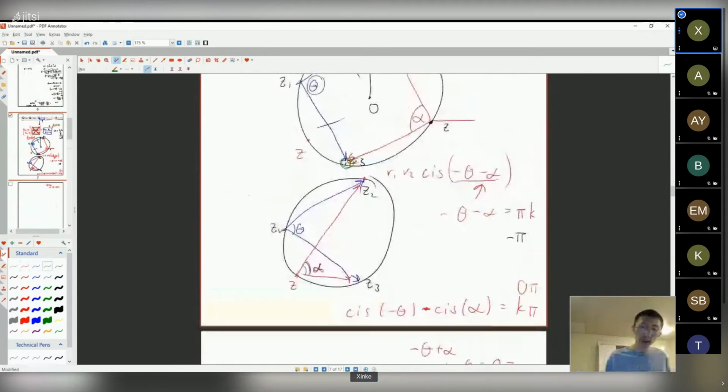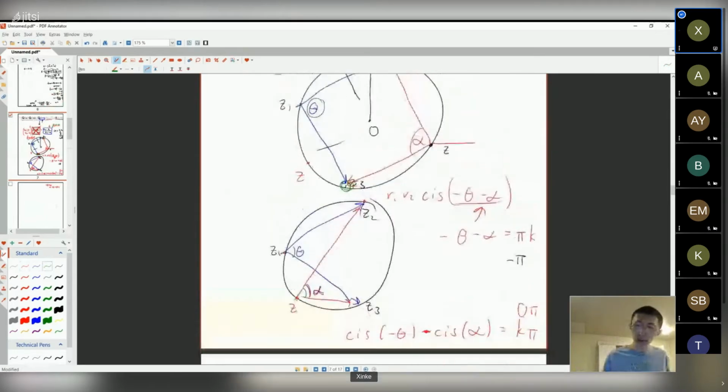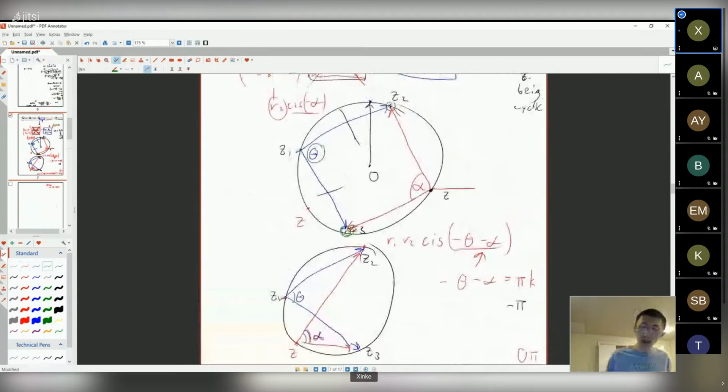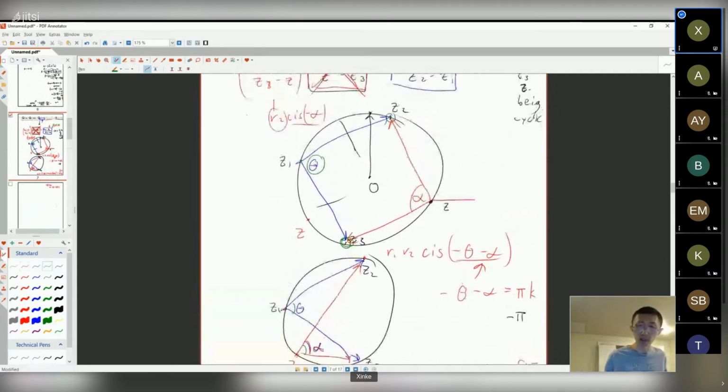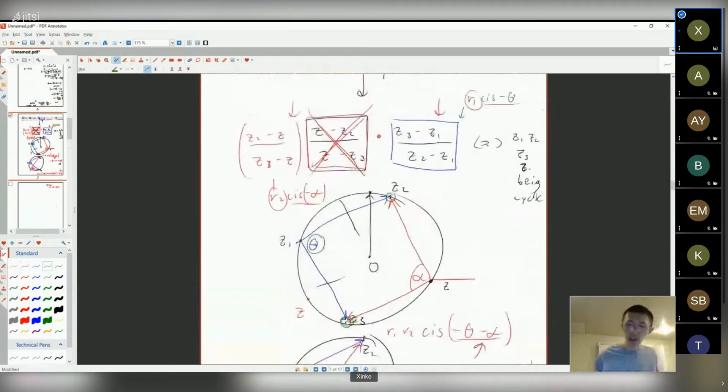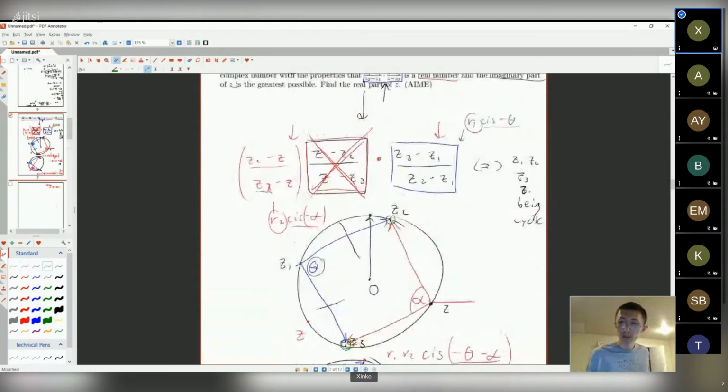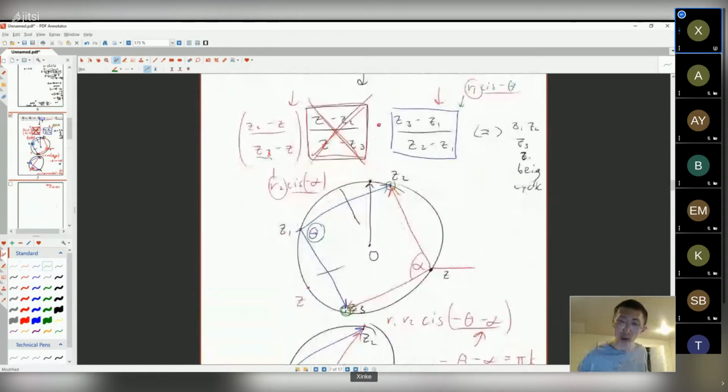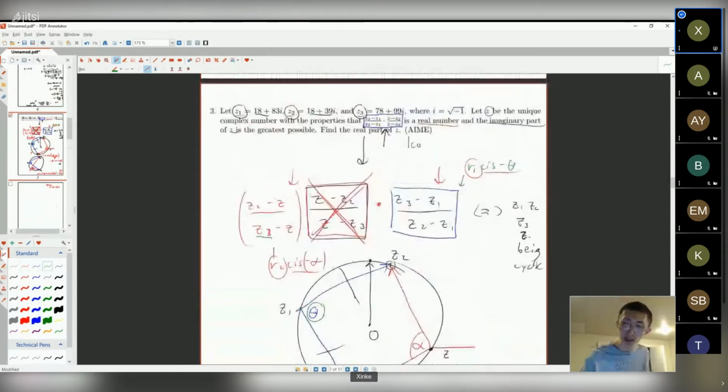So then it just becomes the same geometry problem. You get every point on the circle except that z cannot be equal to z1 or z2 or z3. If z equals z3, then you get a division by 0 problem. But it can probably be any other point on the circle. So the locus of all z that satisfy the problem is basically a circle except z3.